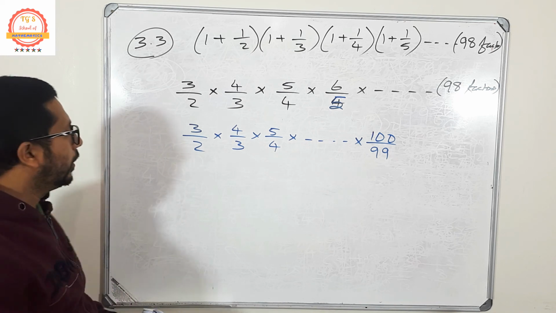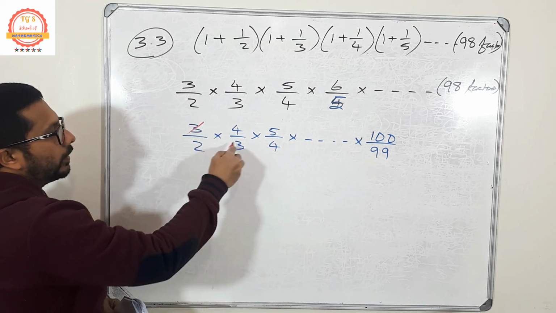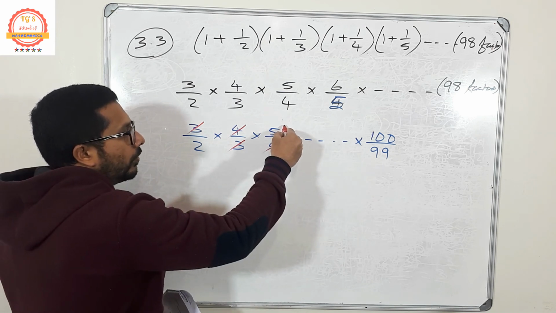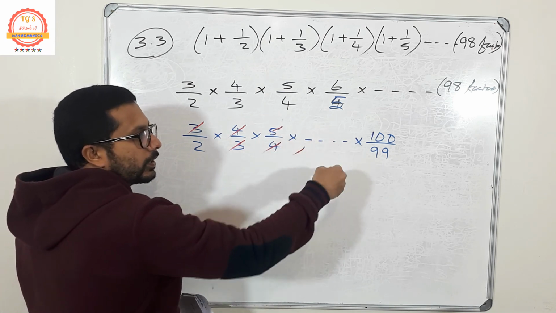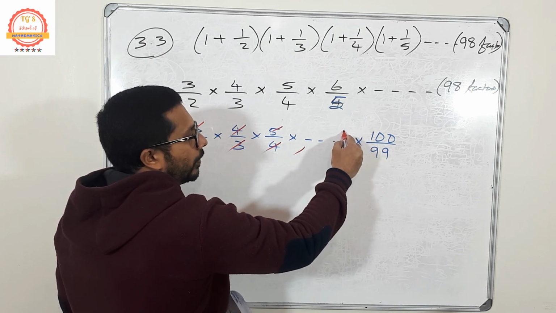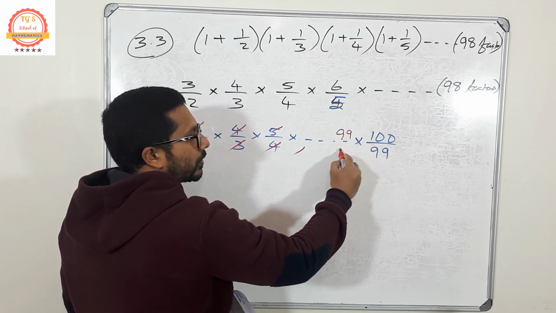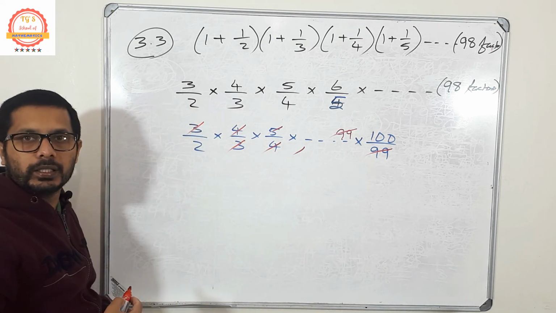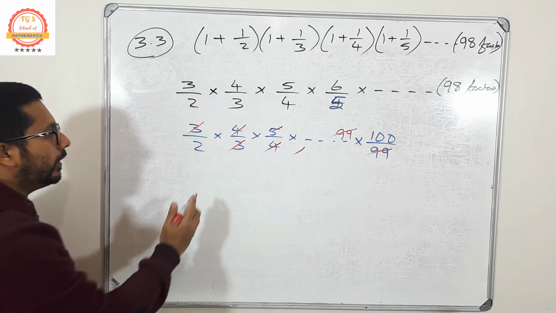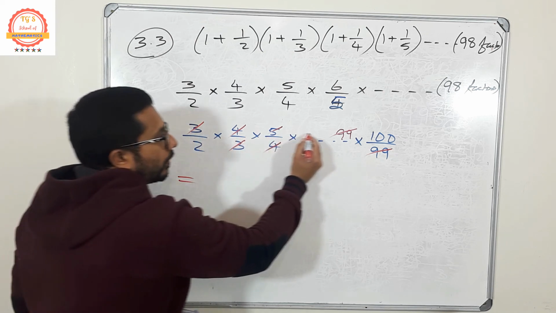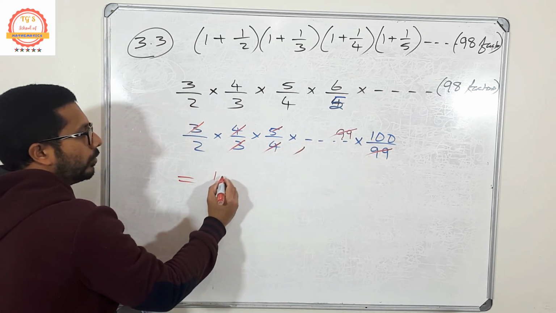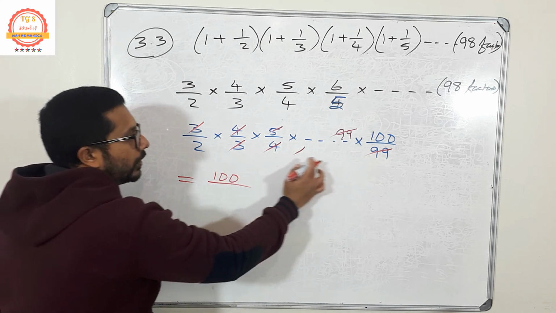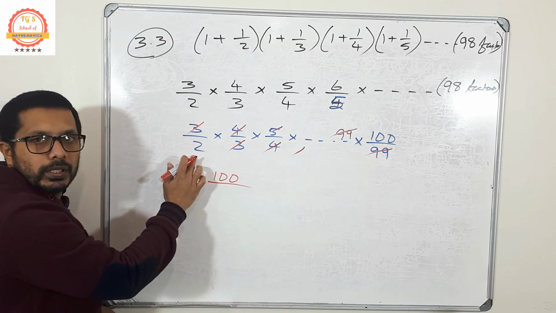Okay, so now how can you find the answer? Look at this one. This 3 and 3 cancel. 4 and 4 cancel. Next one, 5 and 5 cancel. 6 and 6 cancel. Similarly, here you will get 99 over something, and that 99 and 99 cancel. So what is remaining? In the numerator, only 100 remains, and in the denominator, everything cancels and only this 2 remains.